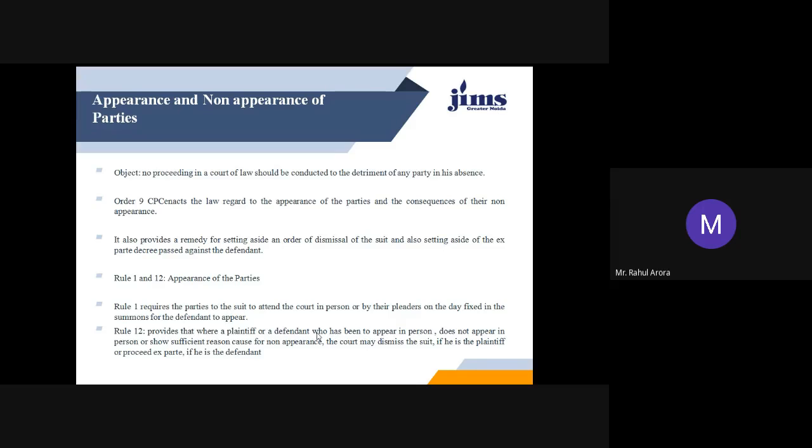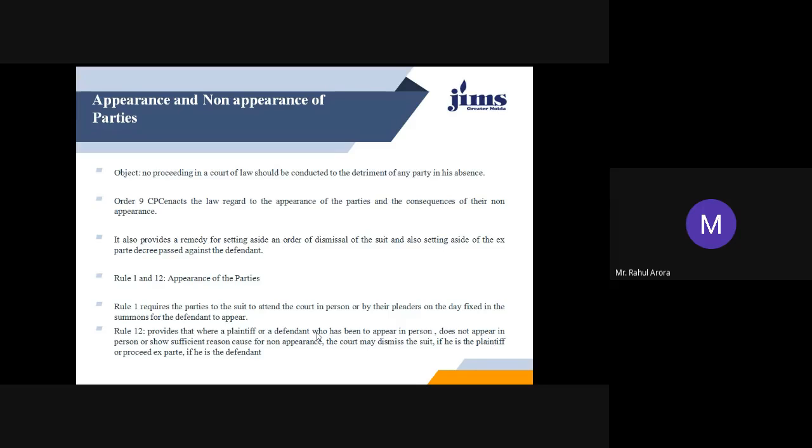Rule 1 and Rule 2 lay down the principles regarding appearance of the parties. Rule 1 requires the parties to attend the court in person or by their pleaders on the date fixed in the summons for the defendant to appear.